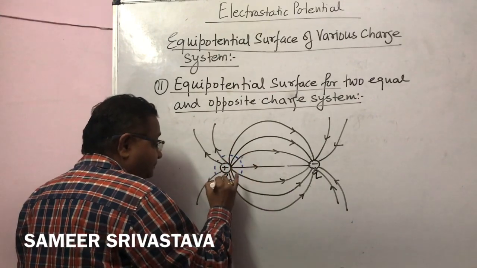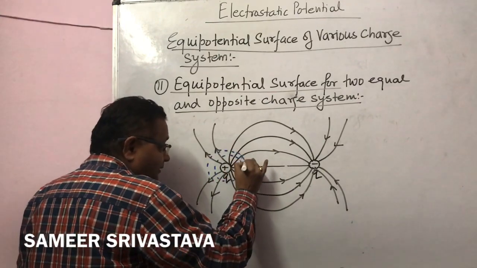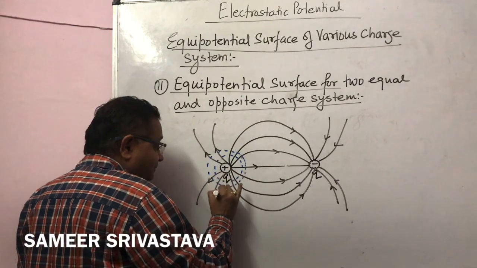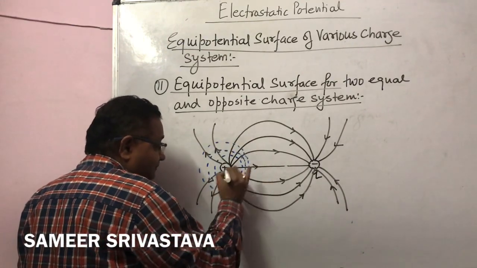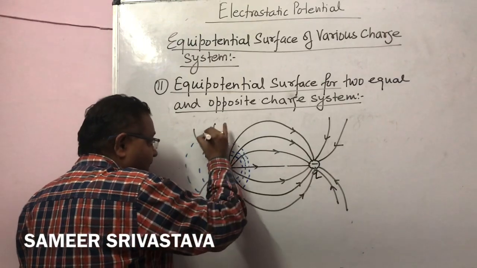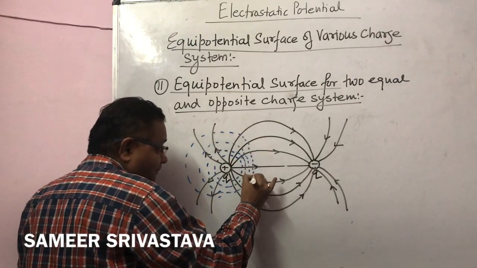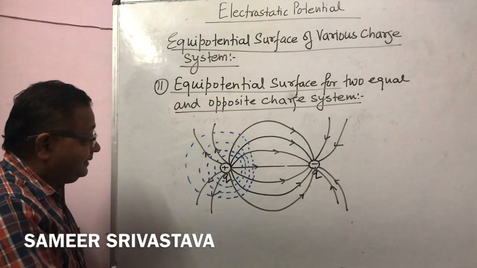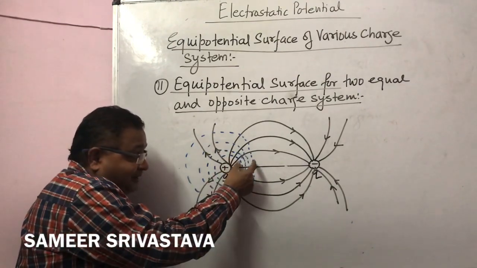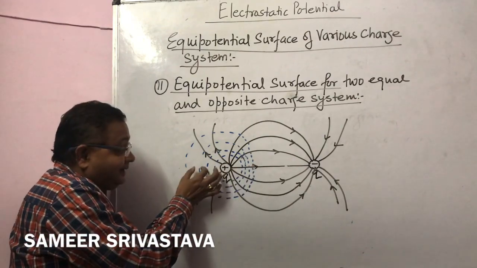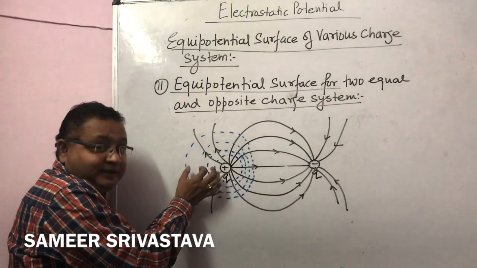Like this, like this, like this. Look here. Here the equipotential surfaces are closer to each other, but here the equipotential surfaces are farther apart.